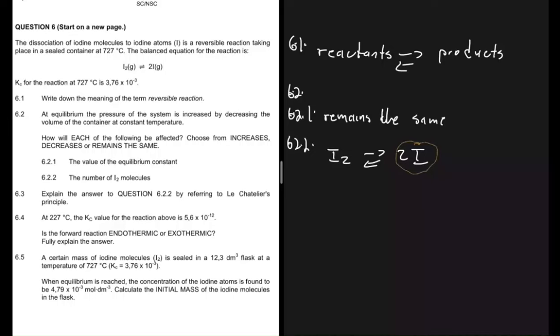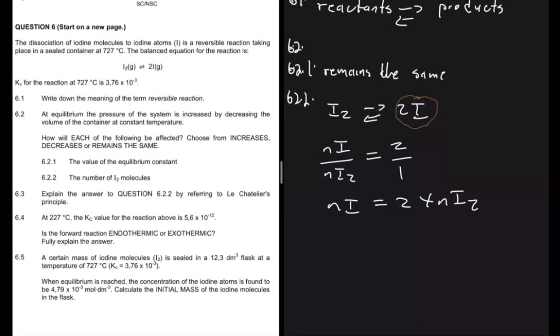How do we know that? We can see using the balancing coefficients, right? Because the number of moles of I divided by the number of moles of I2 will be equal to 2 divided by 1. So the number of moles of I is equal to 2 multiplied by the number of moles of I2. So the number of moles of I is greater than the number of moles of I2.